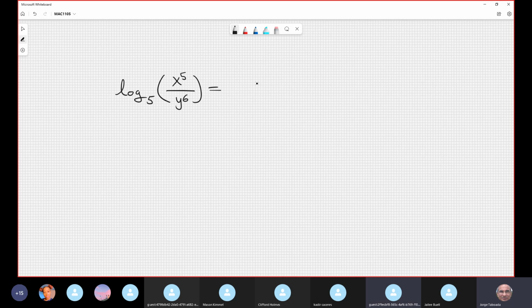They want you to write it as a sum or difference of logarithms and also express the power as a factor.